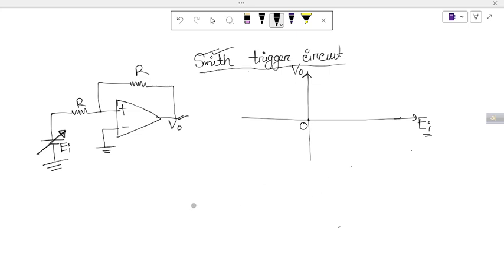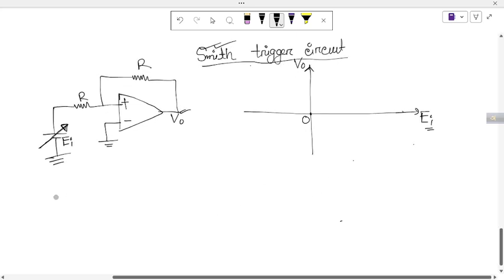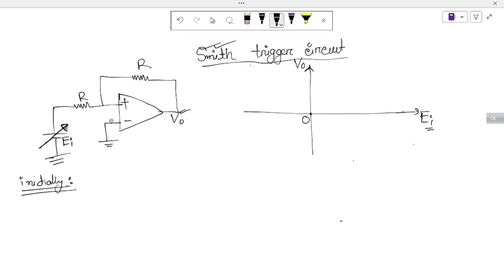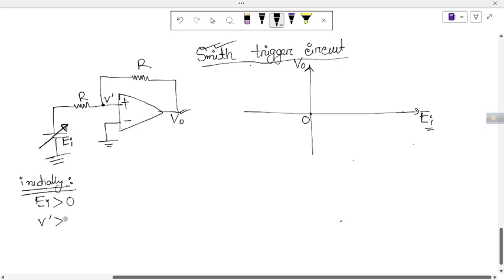So let's start. Initially, let's say we have set the input voltage greater than 0. Then the non-inverting terminal voltage, let's say it's V prime, will be greater than 0.